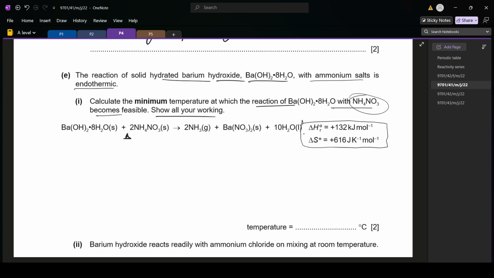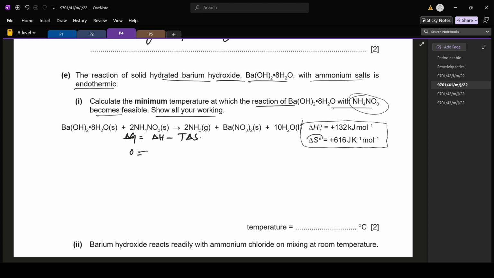The relation which connects the enthalpy change of reaction and the change in entropy is the Gibbs free energy. This is the formula for the Gibbs free energy, and when the Gibbs free energy is negative, the reaction is feasible. So to calculate the temperature, we will put the Gibbs free energy as 0.